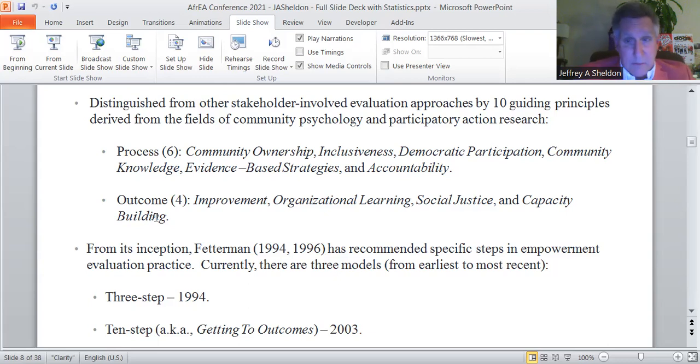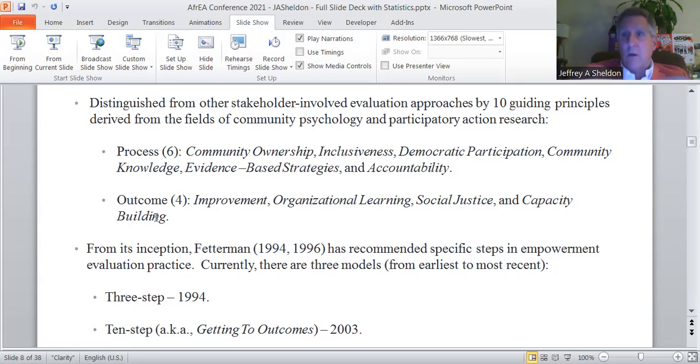The outcome principles are what is supposed to result from the evaluation. So there's this sense of improvement. Whatever it is that's being evaluated, you're trying to improve the processes or the functions or the outcomes or the impacts of whatever it is, for the sake of social justice.